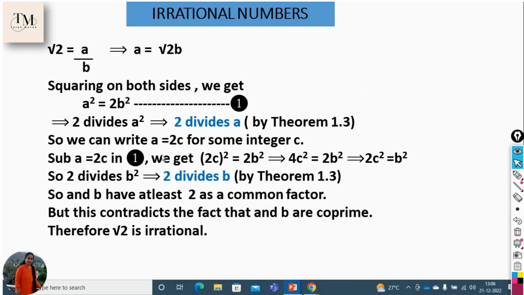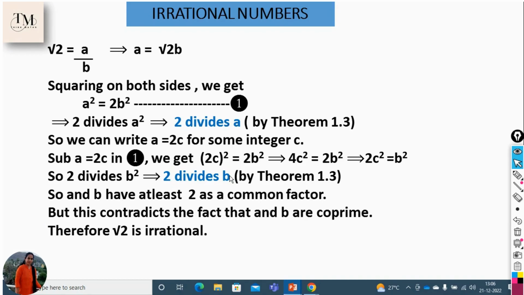If we substitute a is equal to 2c in this equation, we get 2c square equal to b square. So this shows that 2 divides b square. So by theorem 1.3, 2 divides b. So these two lines show that 2 is the common factor for a and b.